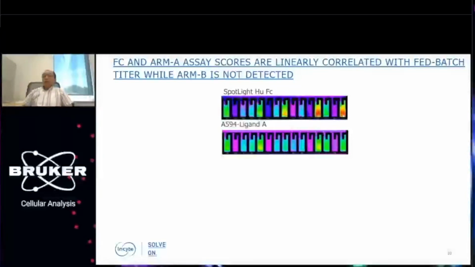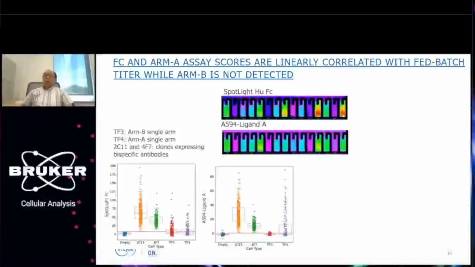Because we cannot use the ligand B in the assay, we use two reagents, Spotlight human Fc and Alexa 594 labeled ligand A, to perform assays in two bulk pools, TF3 and TF4, and two cell lines, 2C11 and 4F7.